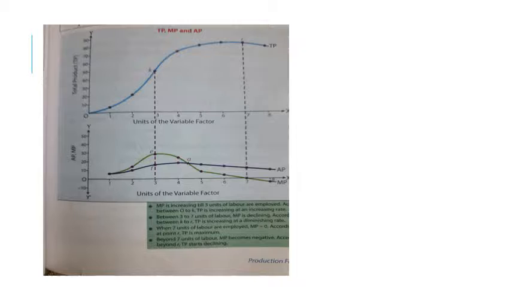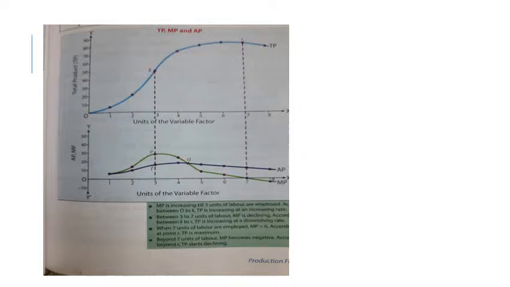Now look at the diagram. The first part of the diagram is showing total production. Units of variable factor are taken on the x-axis, and the second part of the diagram is showing average production and marginal production.